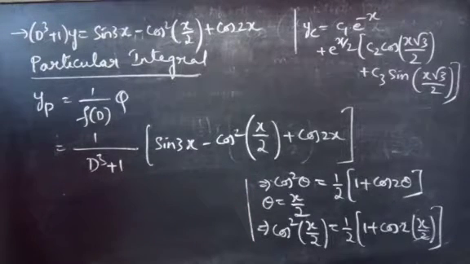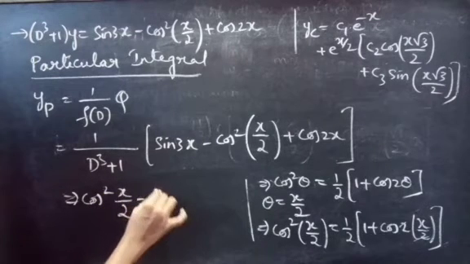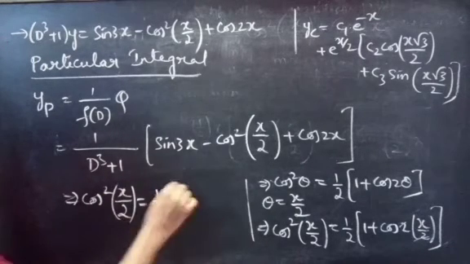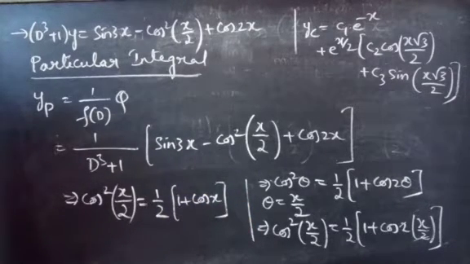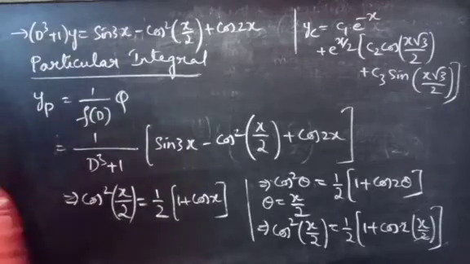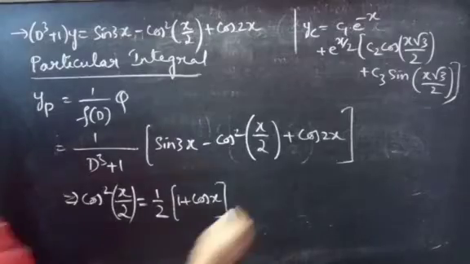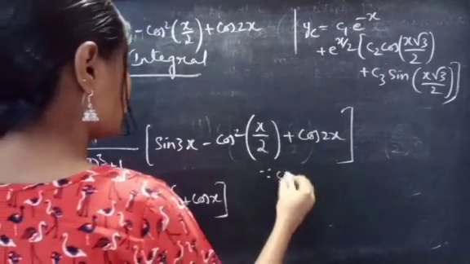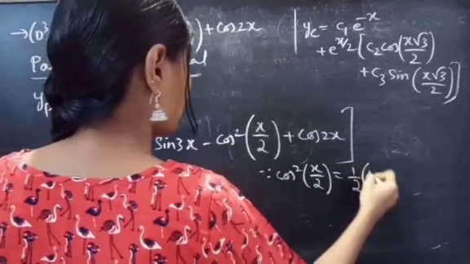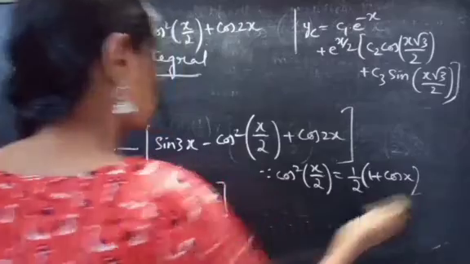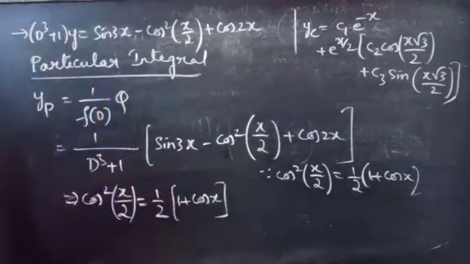Then we'll get cos square x by 2 equals 1 by 2 into 1 plus cos x. Since cos square x by 2 equals 1 by 2 into 1 plus cos x, we can replace cos square x by 2 by 1 by 2 into 1 plus cos x.